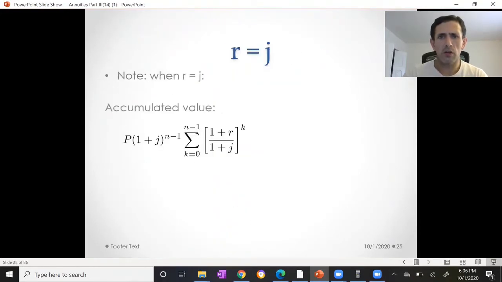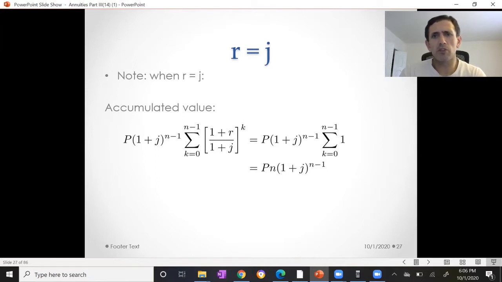So we just have exactly this, and inside the brackets it's just 1. We're just adding up 1 n times. That just gives us n. So it's a particularly simple, straightforward formula, Pn(1+j)^(n−1).